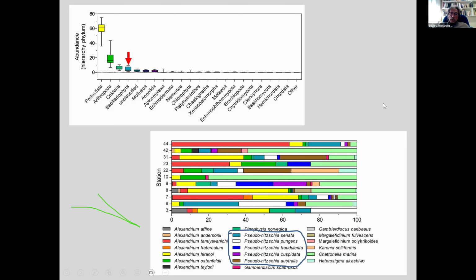Also, this allowed us to separate some potentially toxic species of Pseudo-nitzschia, which are encircled in this area: Pseudo-nitzschia seriata, pungens, fraudulenta, cuspidata, australis. So you can see that in a number of different stations, they are present following this metabarcoding approach.